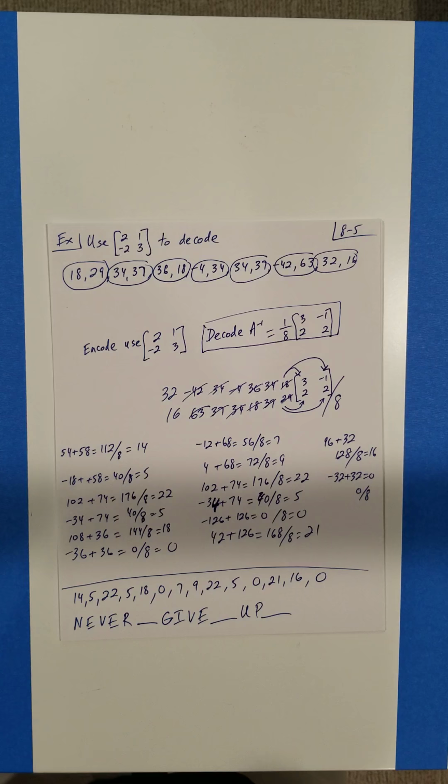Multiplying 32 in here, I get negative 32 and 32, which is 0. 0 divided by 8 is 0.